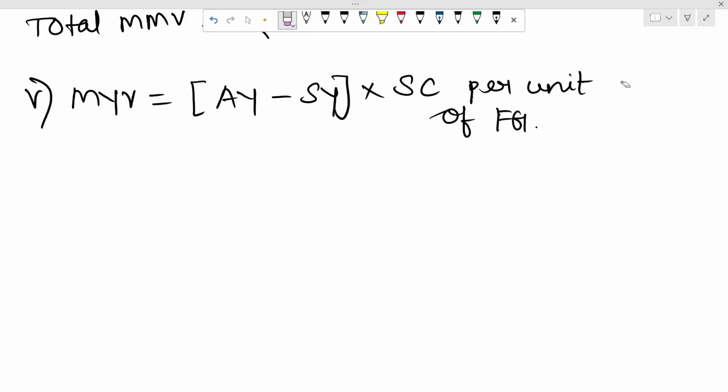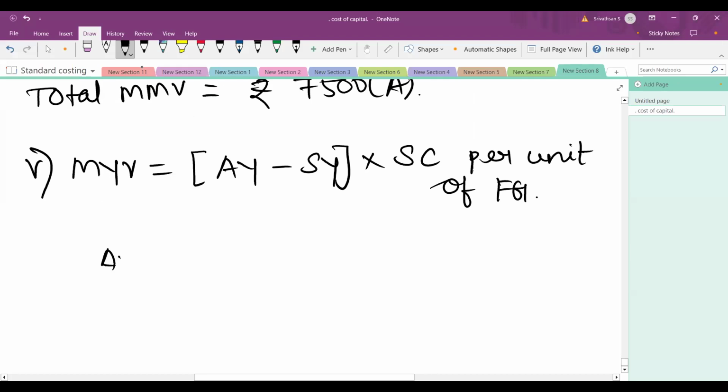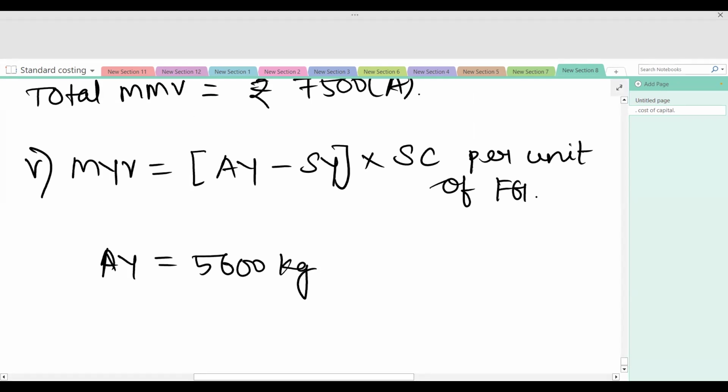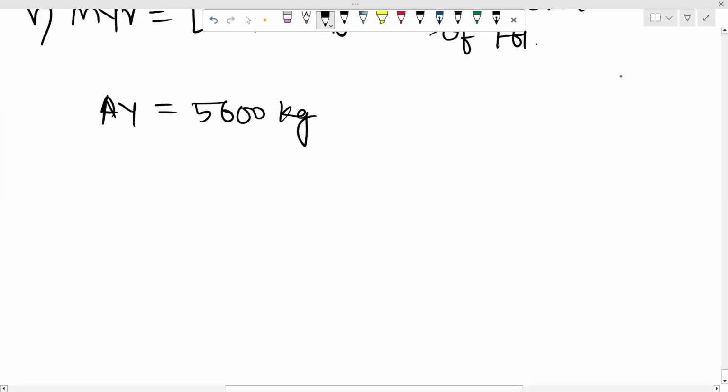So let's calculate each of the components separately. So actual yield in this question is directly given, which is 5,600 kg. And what is the standard yield? So let's calculate the standard yield.